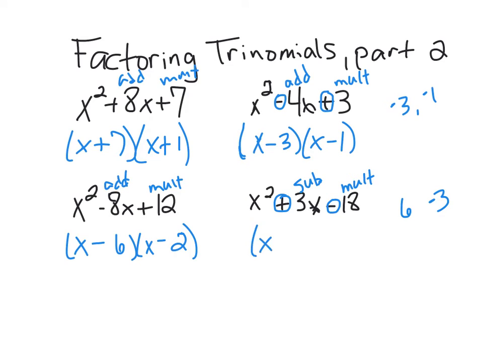This is going to be x plus 6 and x minus 3. I've mentioned before that the order of the parentheses doesn't matter. I could write x minus 3 and then x plus 6, and that would be fine. But I have to make sure that the right sign goes with the correct number: the plus has to be with the 6, and the minus has to be with the 3. If we did it the other way around, we would not get the right answer.